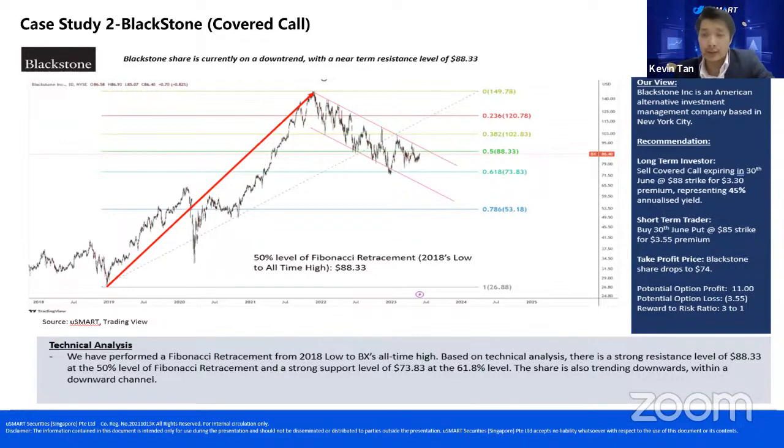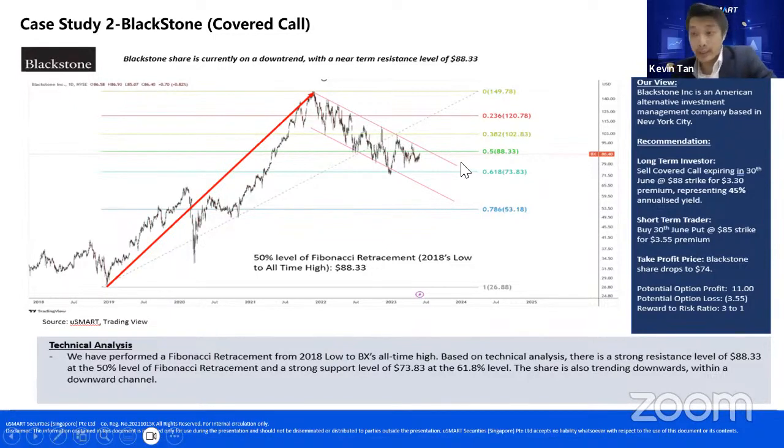What you could do as a long-term investor is sell a call option at the $88 price level, because you believe the price will not go beyond it. So why not collect some income in the meantime? The worst case scenario is that your Blackstone shares are sold away at $88.